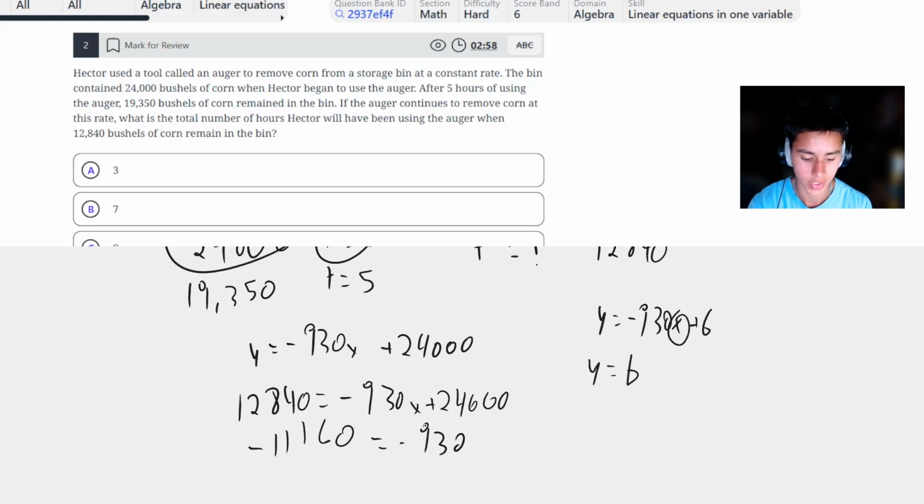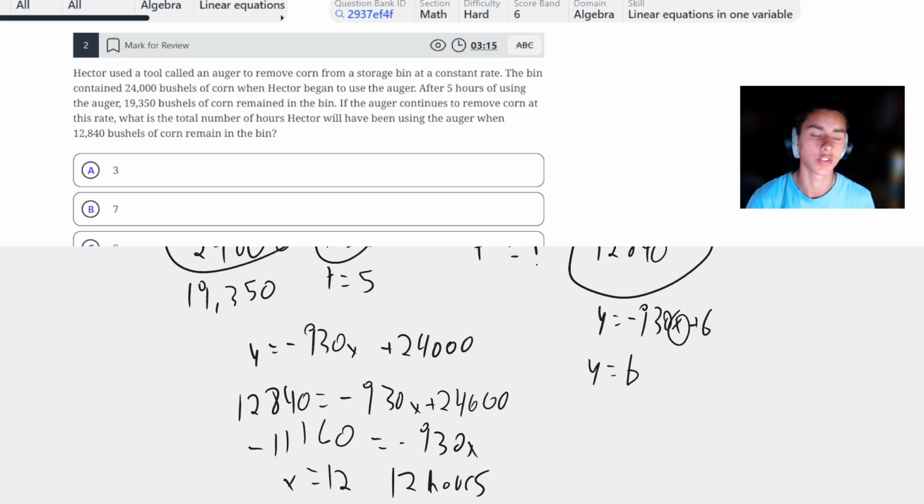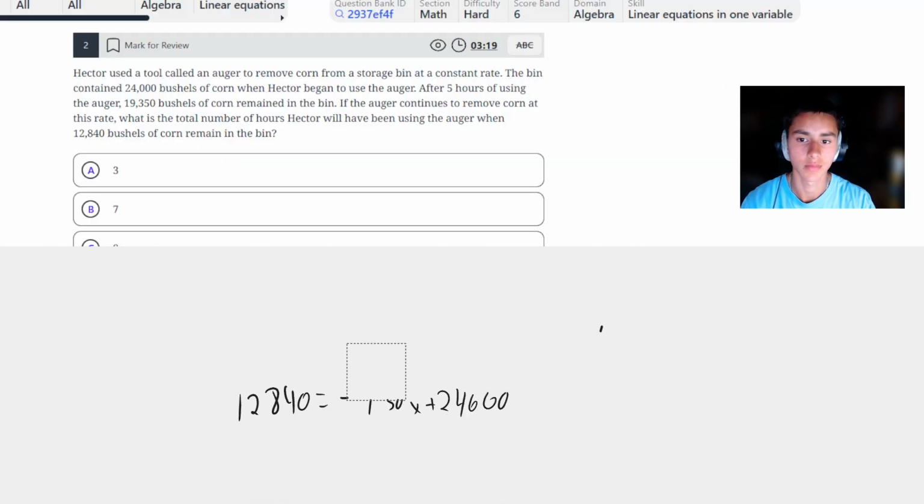Now we divide both sides by negative 930, and that means x will be 12. So at time 12 hours, that is when the amount of corn remaining is 12,840. So that's the answer to that question.